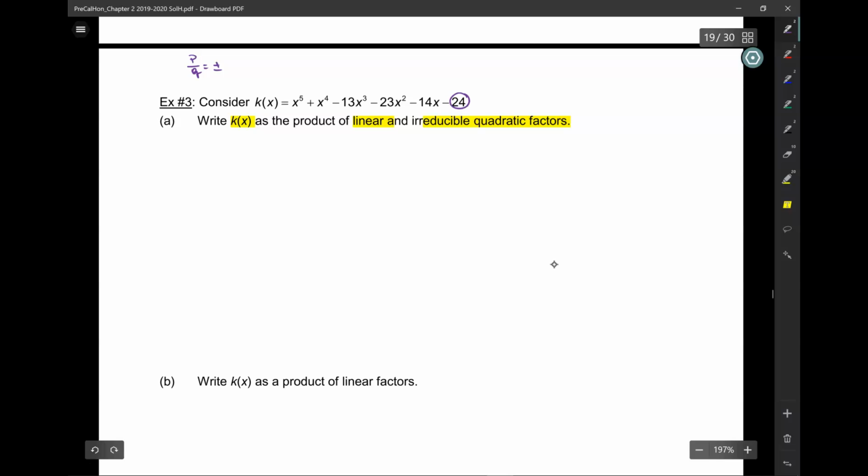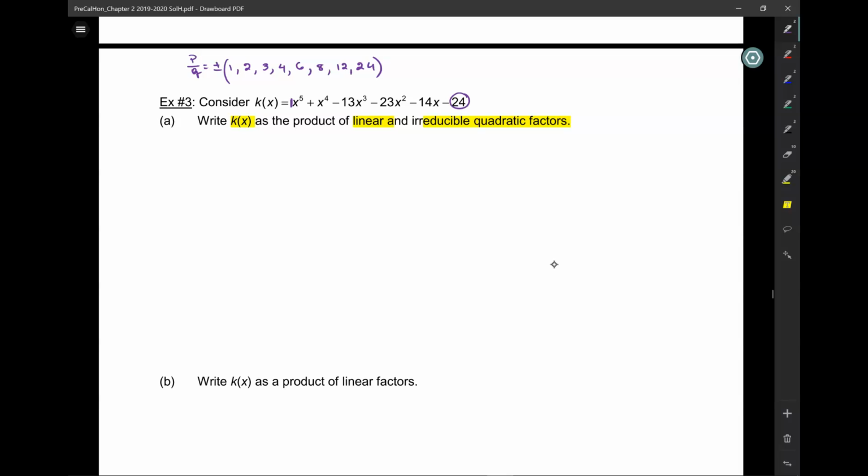Ignore the negative. And here we had a 1. So you can do this when that leading coefficient is a 1. Okay, so what are the factors of 24? 1, 2, 3, 4, not 5, but 6, 24. Okay? So, and then if you go, like here, it's 4 times 6, 3 times 8, 2 times 12, 1 times 24. Okay, so here's what you're going to do. How many numbers in this list?